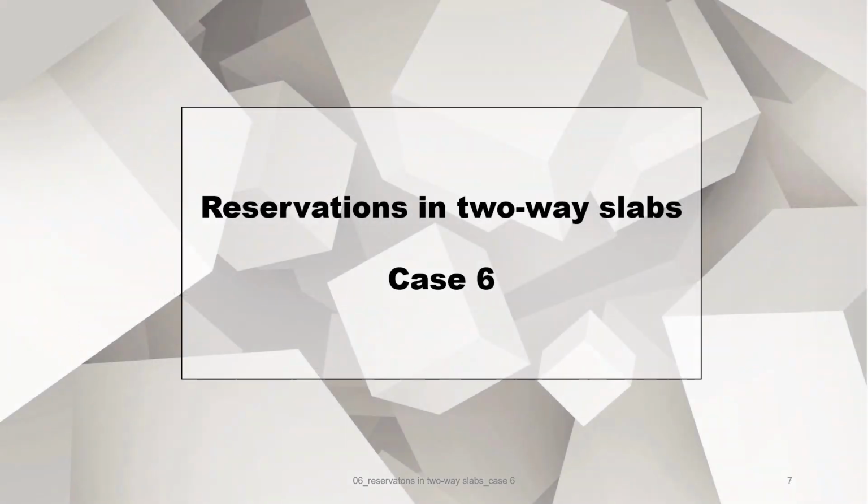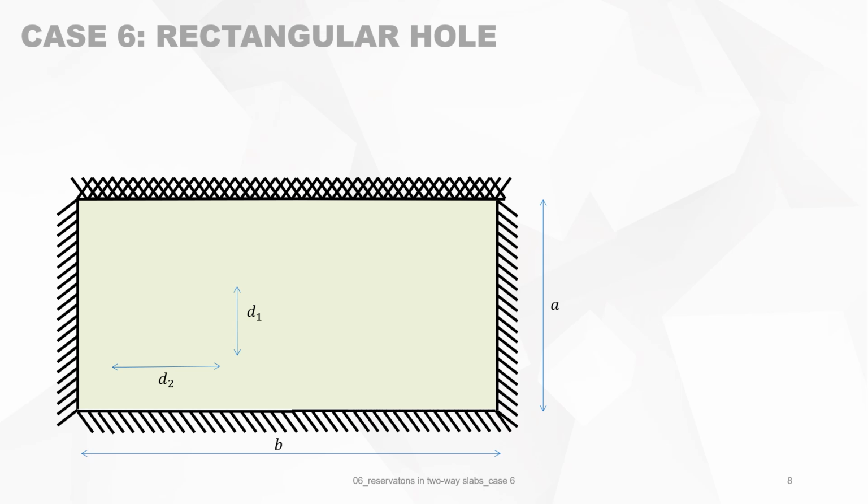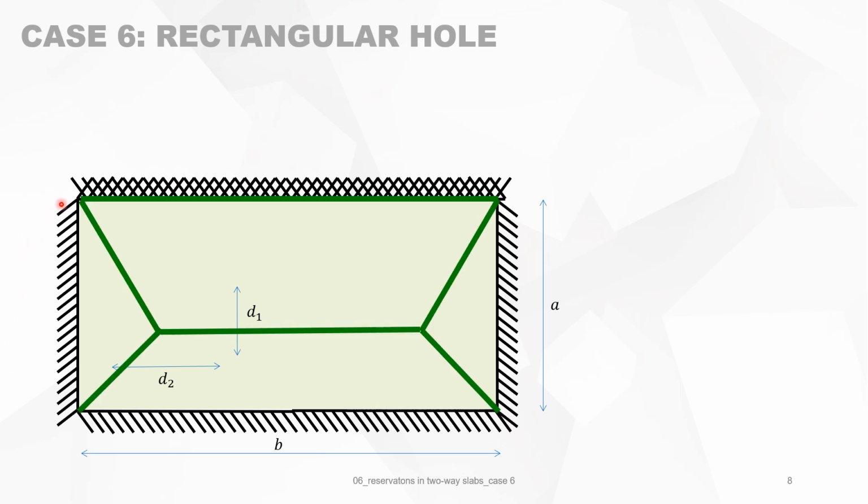Now let's handle case 6. In case 6, we look at a slab. We draw the yield lines, like in a slab without a hole. We look at the geometry, and we look at the reservation, which is like it is indicated here on the slide, with dimensions D1, D2.